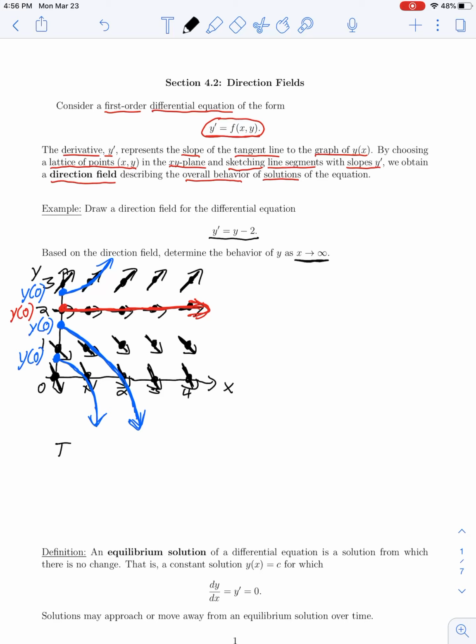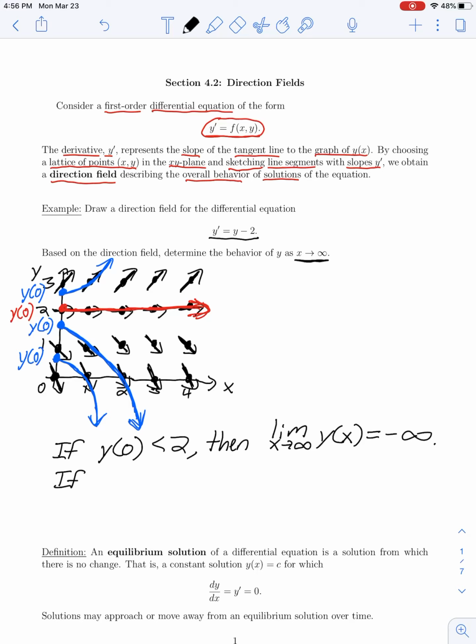So we see from our direction field that if the initial value y of 0 is anything less than 2, then it appears that the limiting value of our solution y of x, as x becomes large, is going to decrease without bound. Our solution curves keep getting larger in the negative direction, tending towards negative infinity.